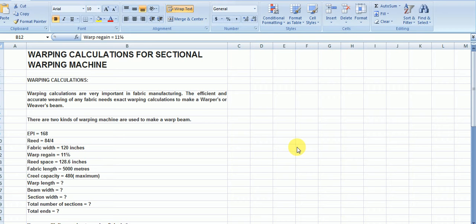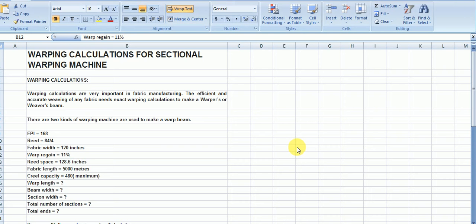Whenever you give the warping program, you have to check all the parameters: the fabric, reed space, reed width, warp regain, and warp shrinkage. These are all to be checked before giving the warping program.